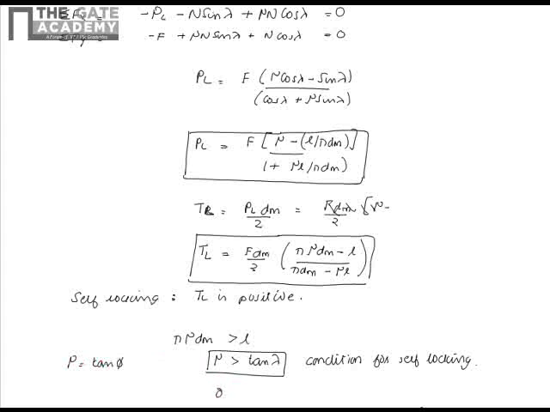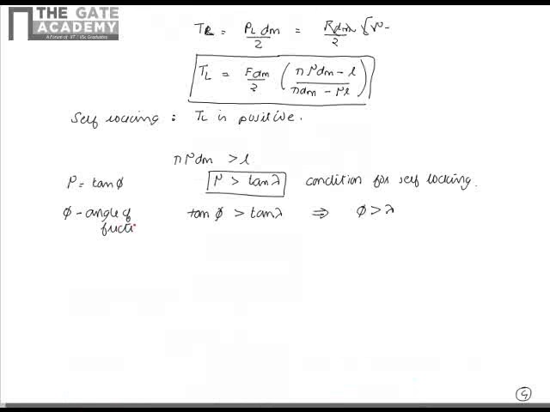Then we can say the condition for self-locking should be tan phi should be greater than tan lambda, which gives the angle of friction should be greater than the lead angle, where phi is the angle of friction. So if the angle of friction is greater than the lead angle, then it is a self-locking system. So extra load is required to overcome the friction also.